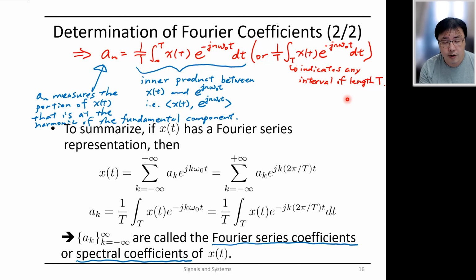Therefore, instead of specifying the upper and lower limit of this integral, we often just write this period capital T in the subscript to indicate that this integral is over an interval of length capital T, regardless of the starting point.